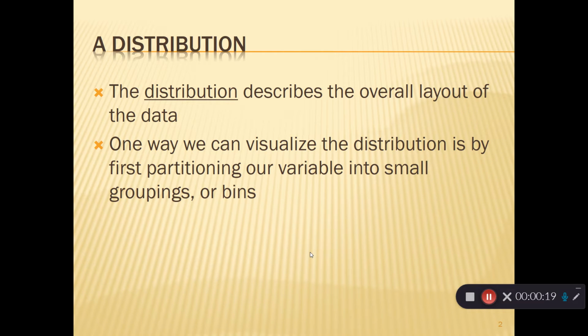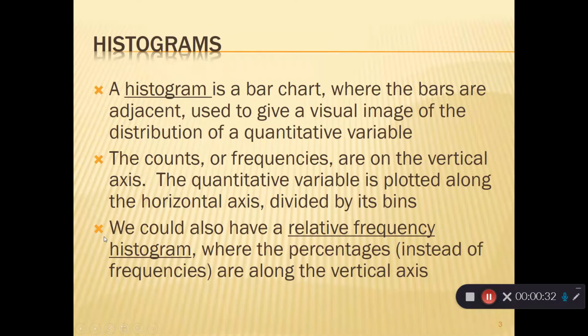So we can visualize the distribution by partitioning the variable into small groupings or bins when we have a large data set. When we do that, we can then count the frequency that fall into each one of those bins and use that frequency to create a bar chart, basically.